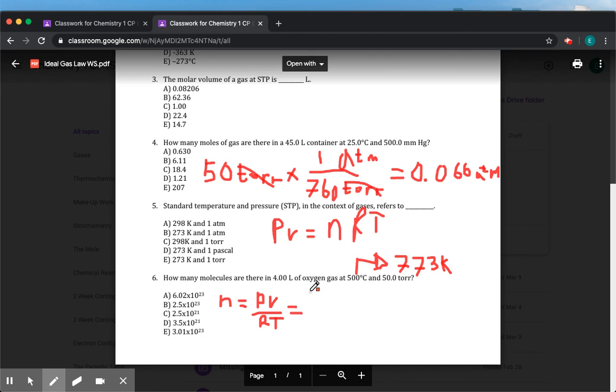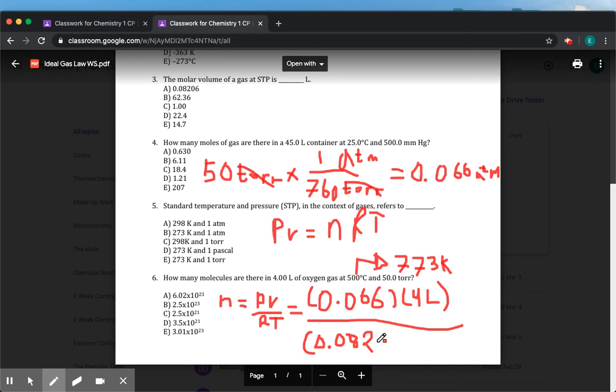Plug in my numbers. Pressure is 0.066. Volume is 4 liters. R is that value up above, which is 0.08206. And temperature is 773.